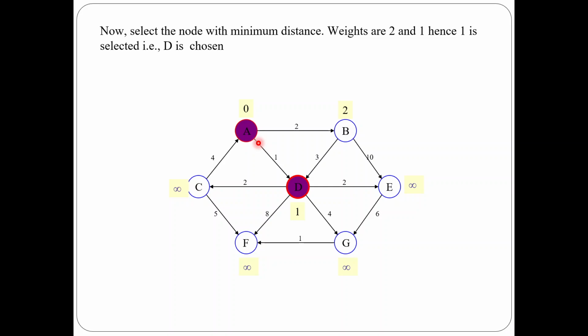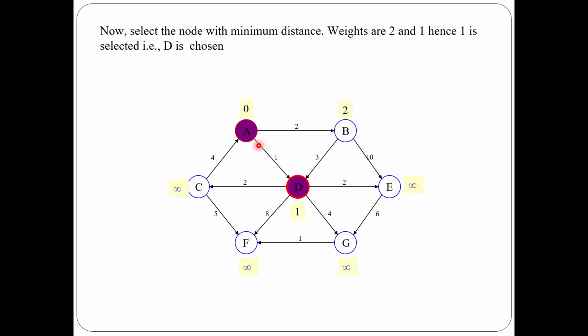Because I am finding the shortest path from A to F, not D to F. A to D is 1 and D to F is 8, so 8 plus 1 is 9. The F value is 9. Likewise, A to G is A to D plus D to G, 1 plus 4, that is 5.